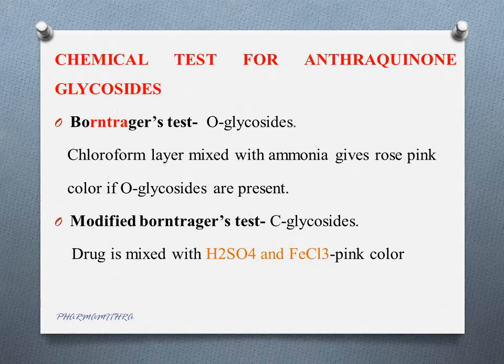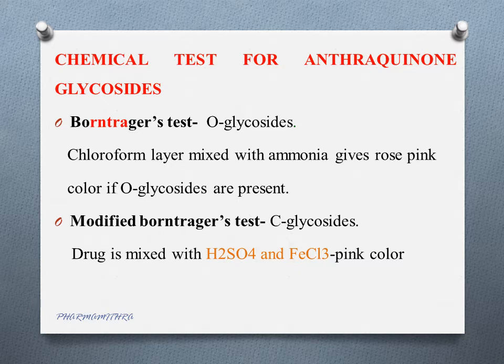In both procedures, the drug is treated with 1 ml sulfuric acid. The mixture is boiled and filtered, then mixed with chloroform. We can see the color change in the chloroform layer. Then the chloroform layer is mixed with ammonia, which gives a rose pink color if O-glycoside is present in the mixture.